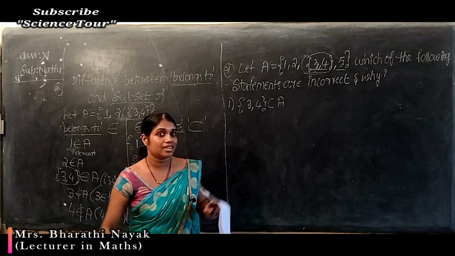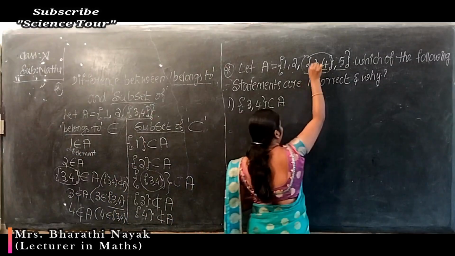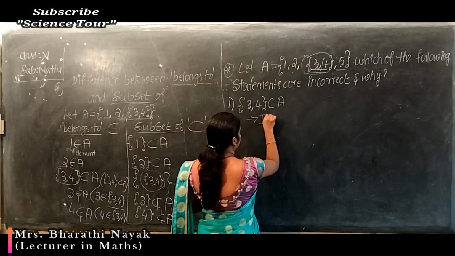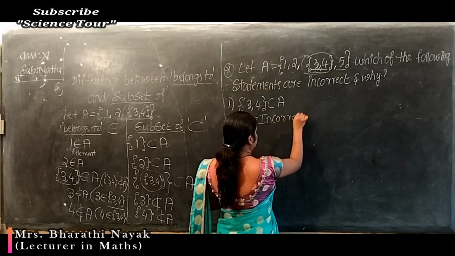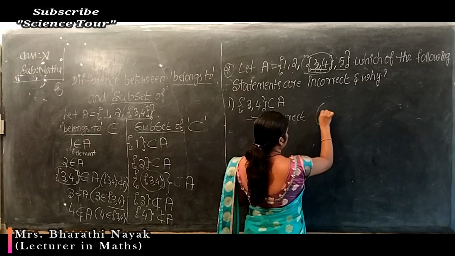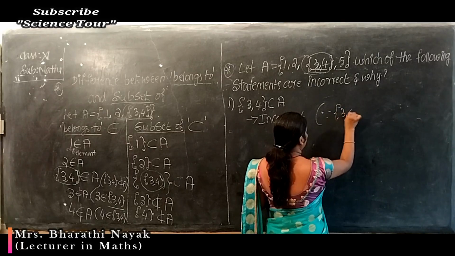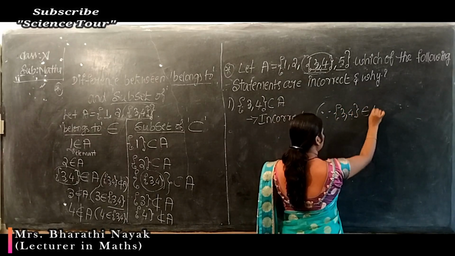This is incorrect. Why? This is one of the elements. So the reason is that the set containing 3, 4 belongs to A.